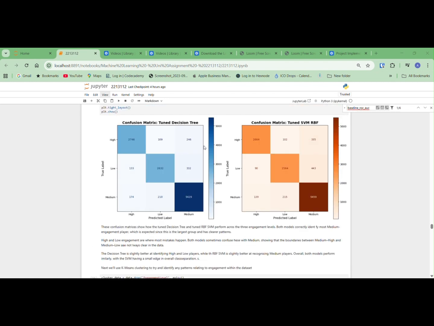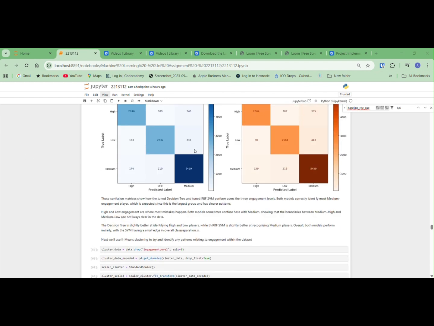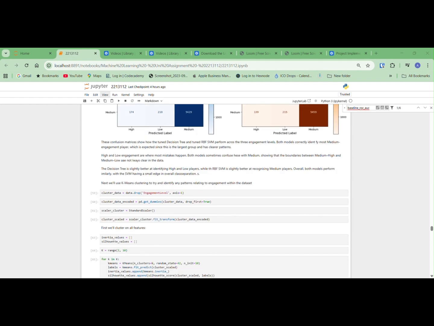After these supervised learning models, we then move on to the unsupervised approach using k-means clustering. My first attempt was clustering on all features. Like we did with the supervised models, we dropped the engagement level because that's our target, and followed the same process as before with the standard scaler.